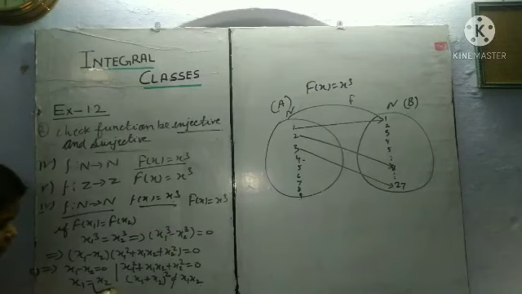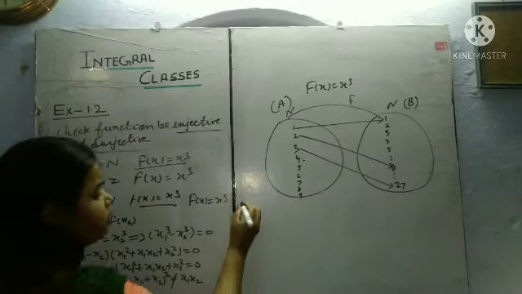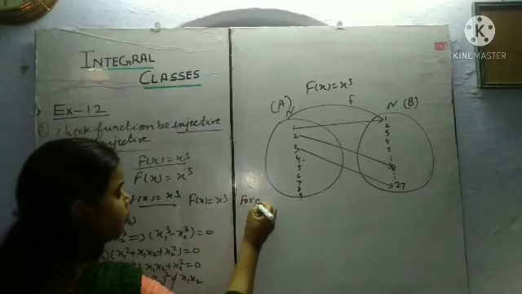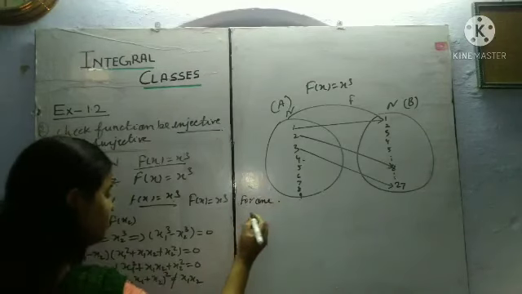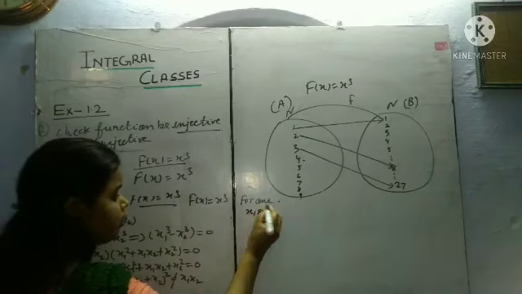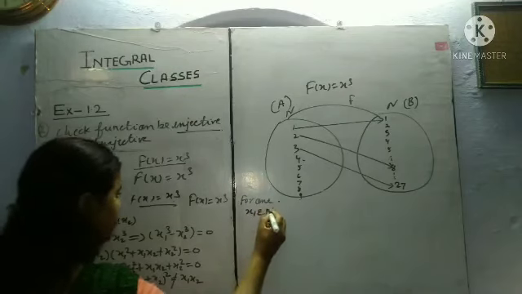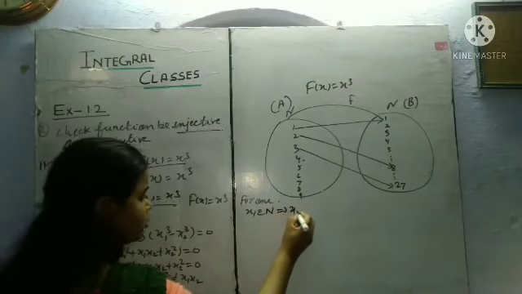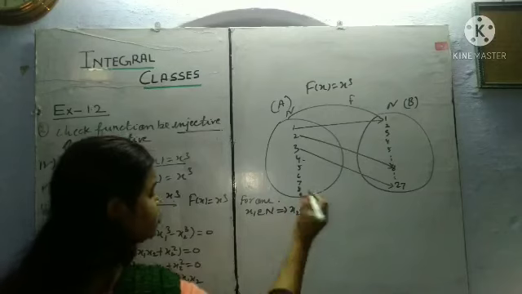So we will consider only x1 equal to x2. So this is one-one. Now x1 belongs to N implies that x2 also belongs to N.